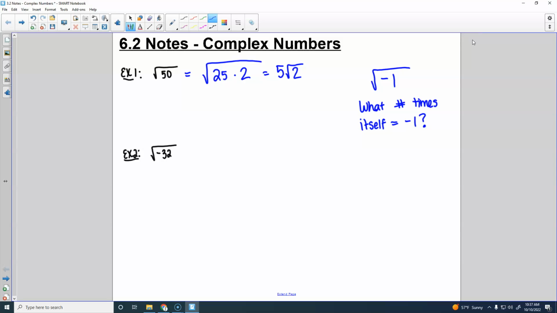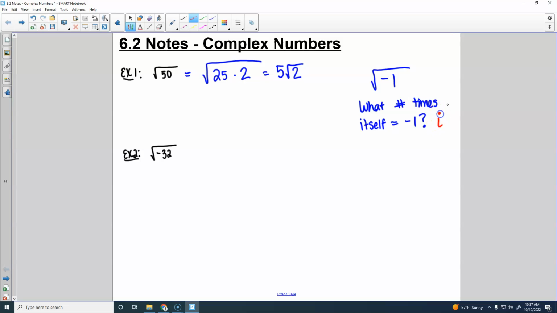There's not, right? So, what happens here, though, is mathematicians were running into this issue. They were getting answers where negatives were under square roots. And they had to come up with a way to deal with the negative under the square root. So, what they decided is they were going to make up an answer for this. What number times itself equals negative 1?